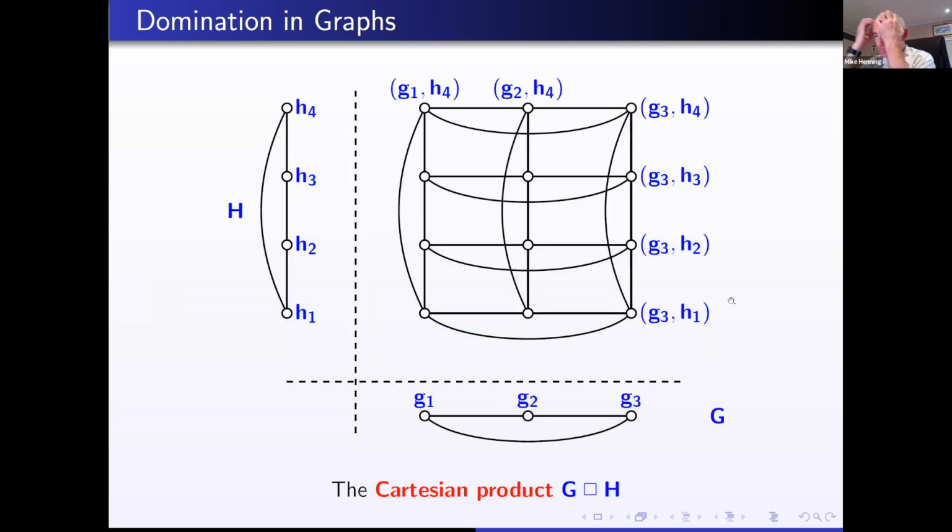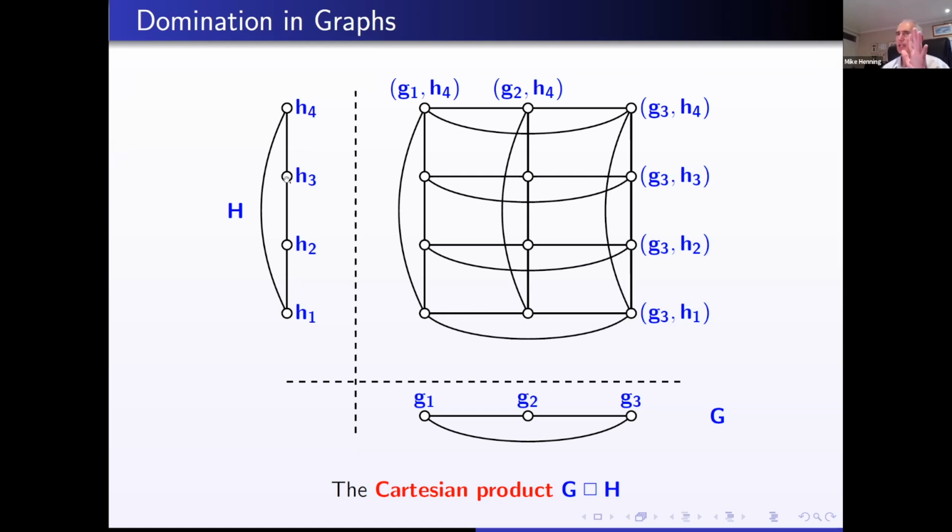What we want to do is, I should have given you a simple example, if I take the Cartesian product of 2 cliques. Let's imagine that on the left I've got a complete graph.